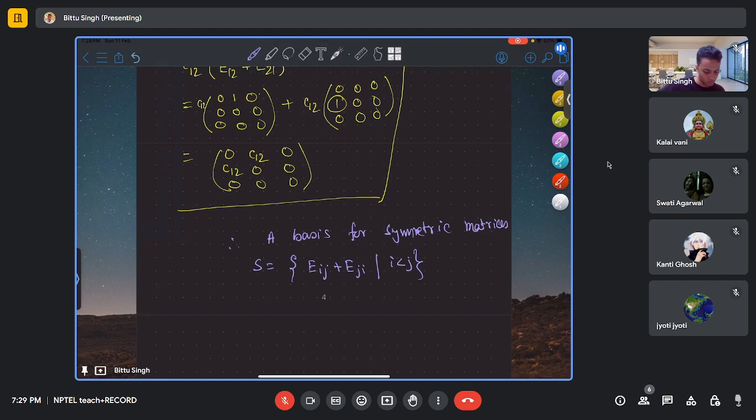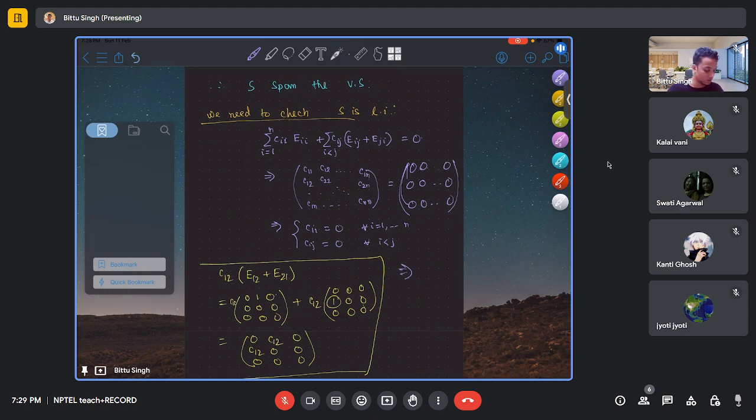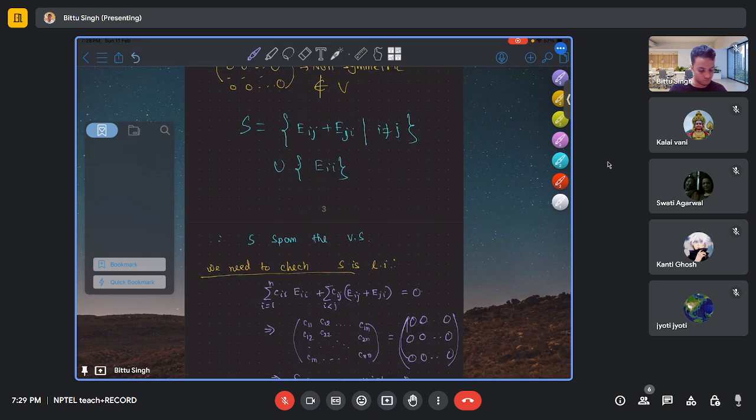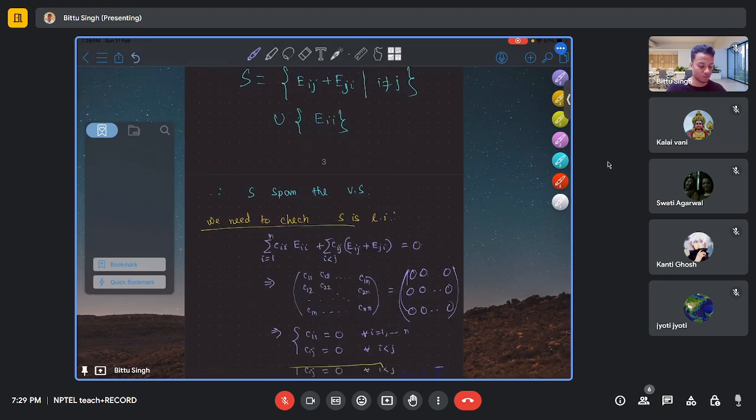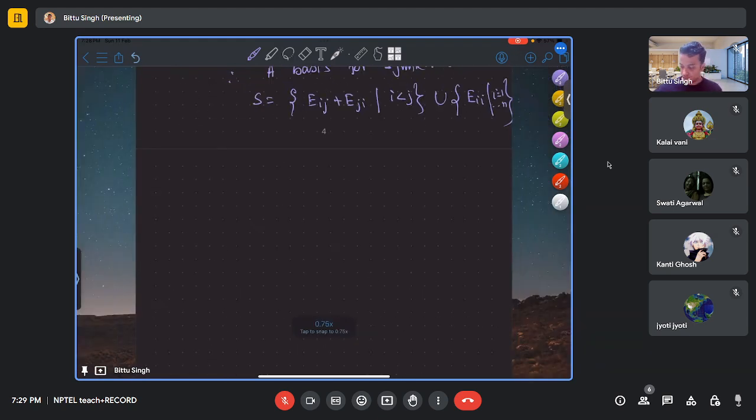I strictly greater than j will also work because this is symmetric. Union Eii, those diagonal terms E11, E22, with i equal to 1 up to n. So this is a basis because this implies linear independence, and the first one implies it spans the whole vector space. So if it is clear, let us consider another problem.